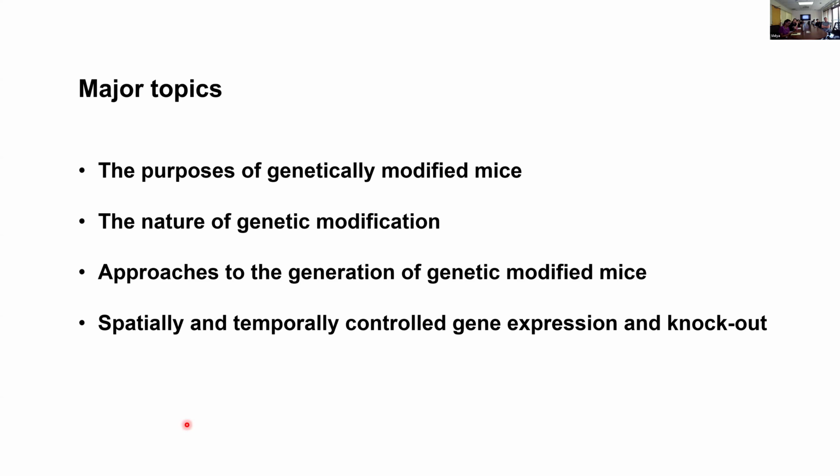And then the approaches to generating those mice. And finally, I will give two different examples. Actually, they will be more complicated examples, to illustrate all these different approaches we talked about, and how in the end we achieve what we want to do every day.